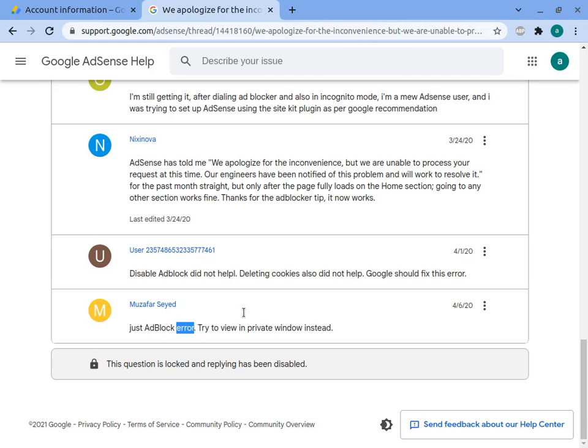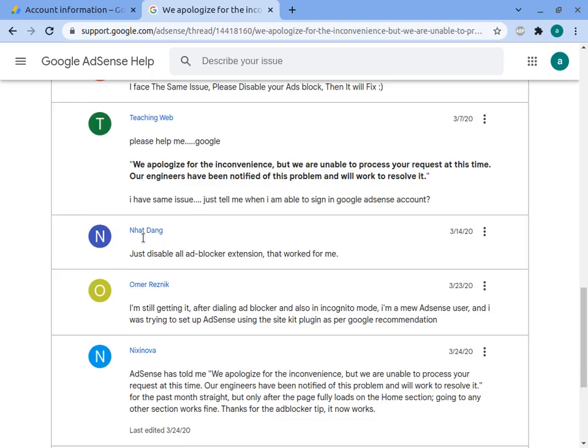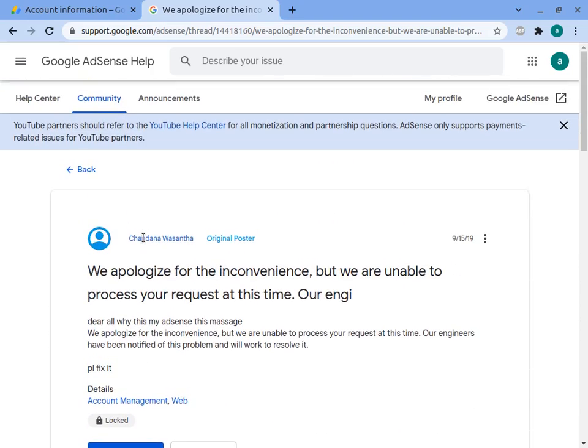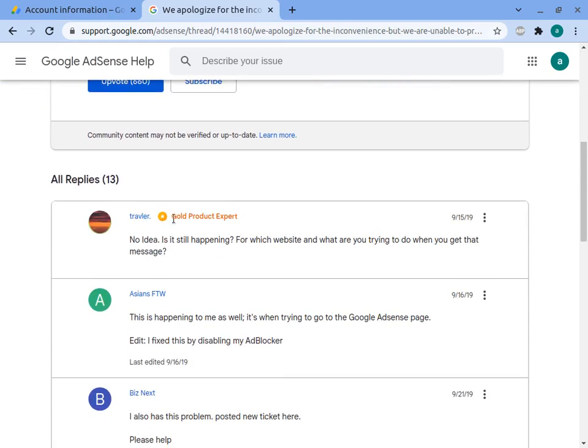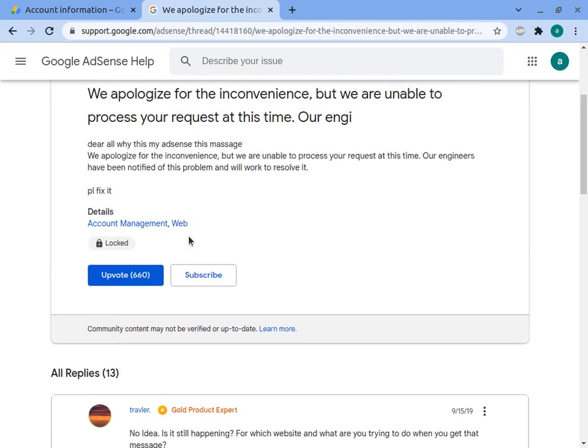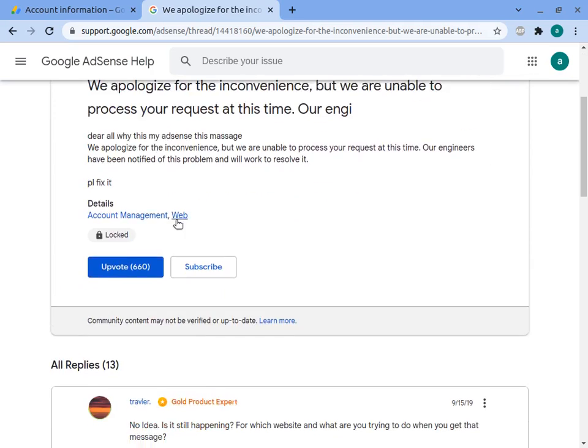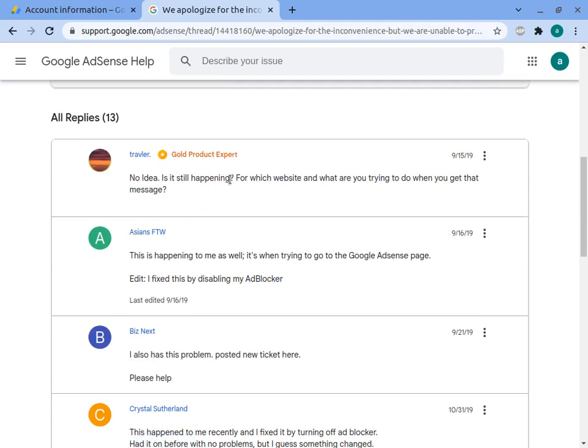Maybe I would say only 10% haven't fixed the issue using ad block, and it seems to be a very old issue here. We're in 2021 now, moving towards 2022, but you can see when the guys posted this in 2019. So this issue has been there for quite a while.